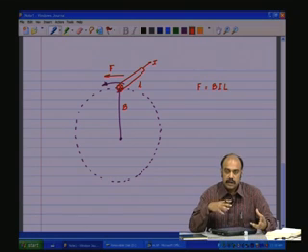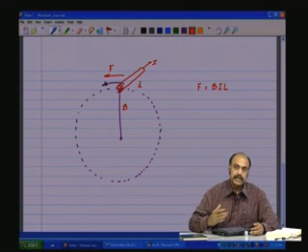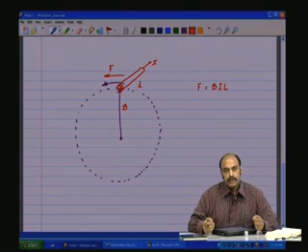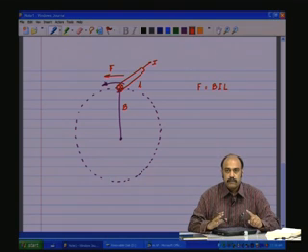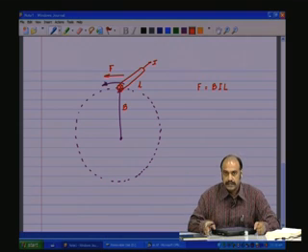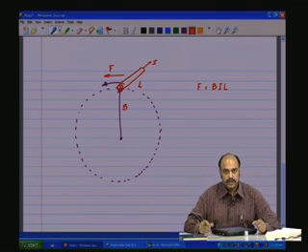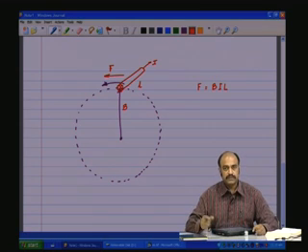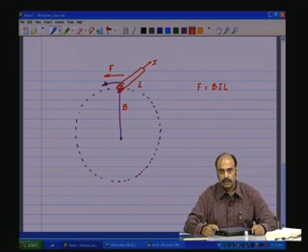Initially, when the rotors are not moving, the field is rotating at whatever the applied frequency, and there is a very large relative speed between the rotating magnetic field and the stationary rotor conductors, and therefore that is going to induce a very large current in the rotors, and which is going to give you a huge torque.